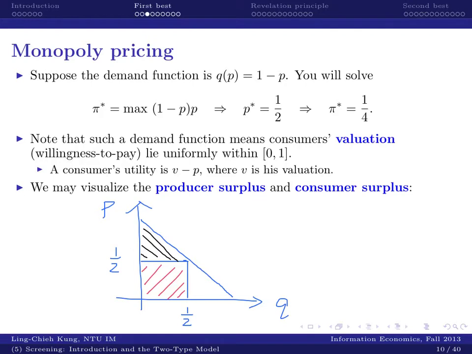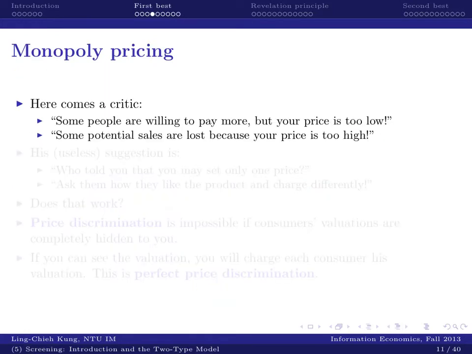Okay, for a consumer with this valuation, he is going to earn this amount as his surplus, and in total, this is the total consumer surplus. And the social welfare is the producer surplus plus consumer surplus, and in total is this area, 3/4. So that's what you did.